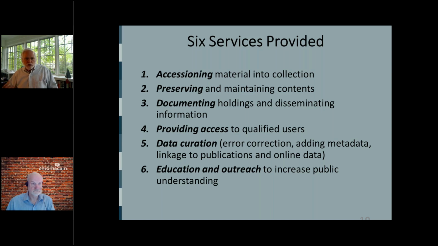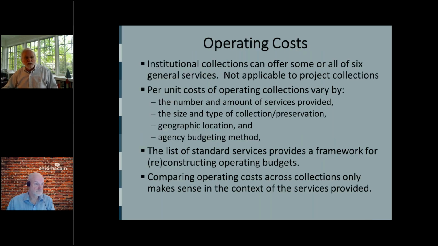It makes them more discoverable. It makes the database and online websites much more useful, and it extends the reach of the collection. Finally, some collections also provide services related to education and outreach to raise public understanding and support for collections.